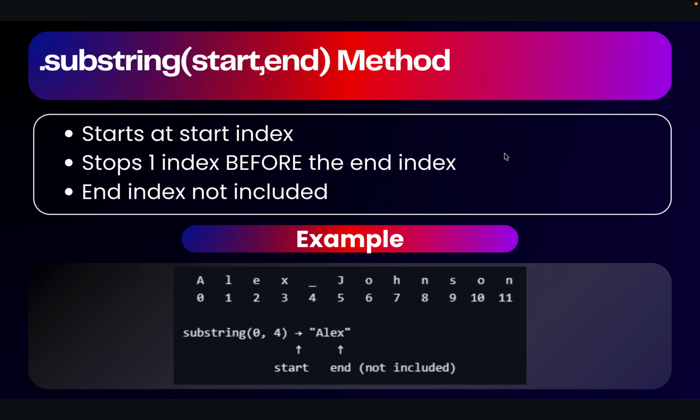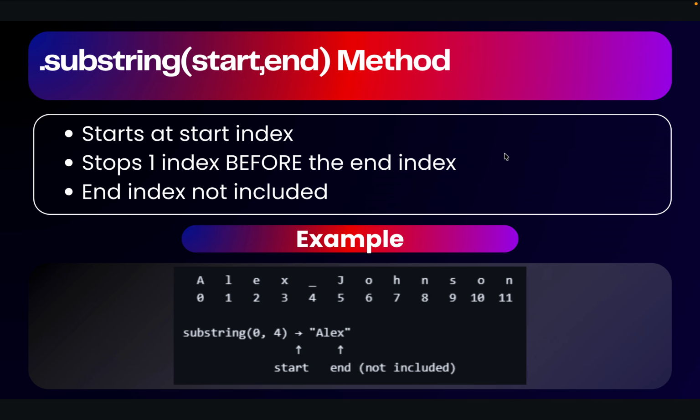So if you take a look at the example we looked at earlier, here we have Alex Johnson again. Now, if you take a look, in the substring, we're saying substring 0 and 4. That means we are going to start at 0, which is the A. And we are then going to go 4 spots.